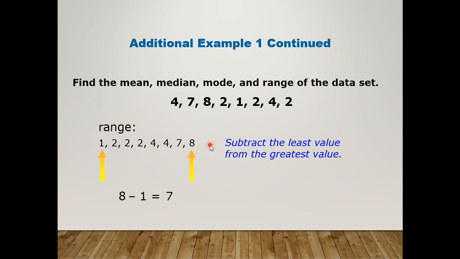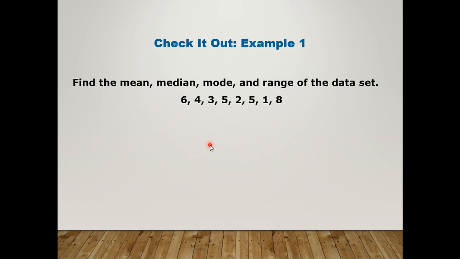So 8 minus 1 is equal to 7. So yung 7 po dito, siya po yung magiging range. So that's how we're going to find the mean, median, mode, and also the range for every data set that we will be encountering.